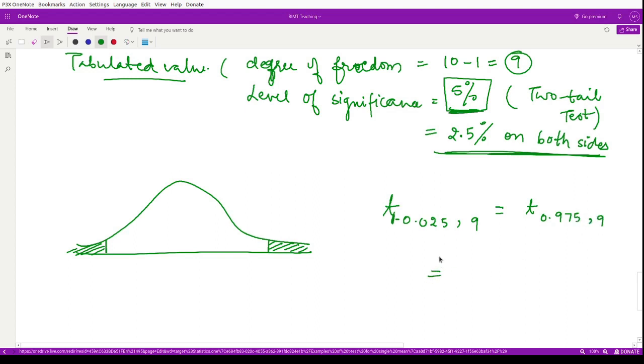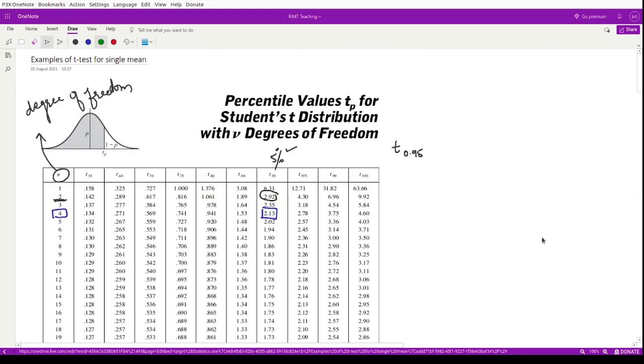So let's move and see what value is available for this tabulated value. At 9 degrees of freedom, we have to see our value for the 2.5% level of significance, right?